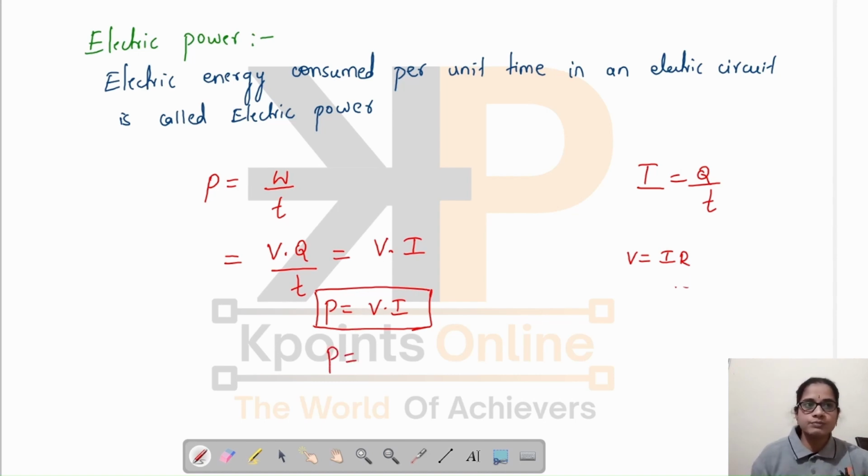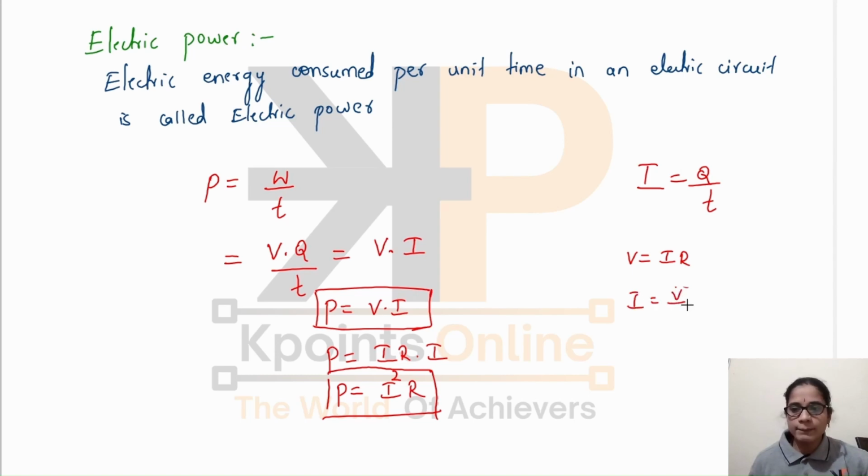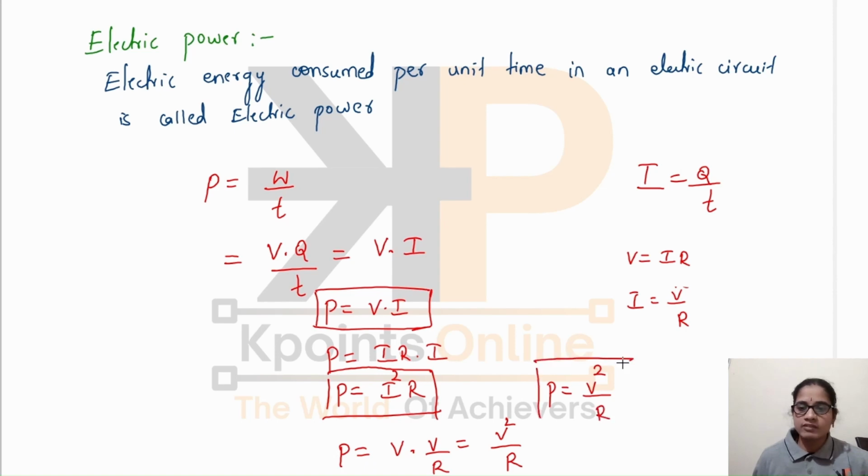P is equal to IR into I, that is P is equal to I square R. Again substituting I is equal to V by R, we get P is equal to V into V by R, that is P is equal to V square upon R. This is one more formula for calculating power. You have to remember all these formulae, which are helpful in solving numericals.